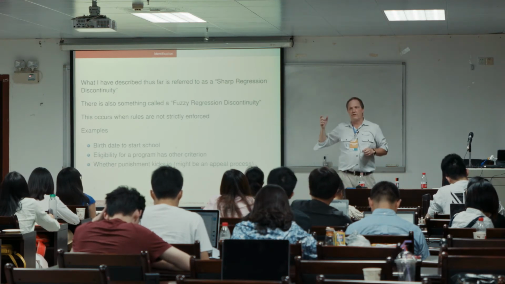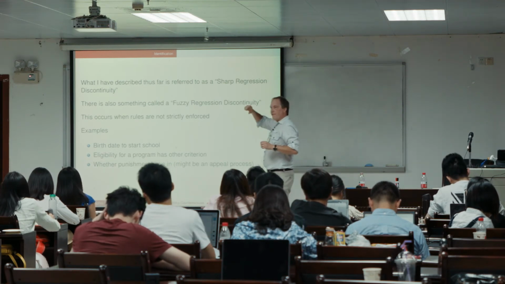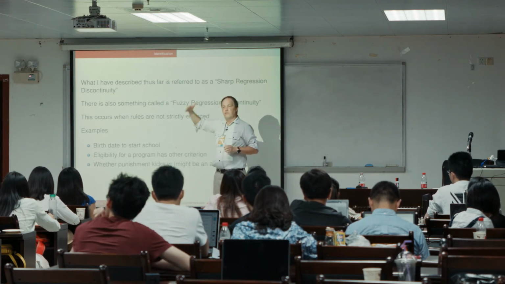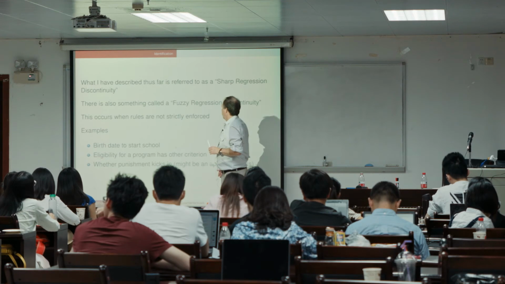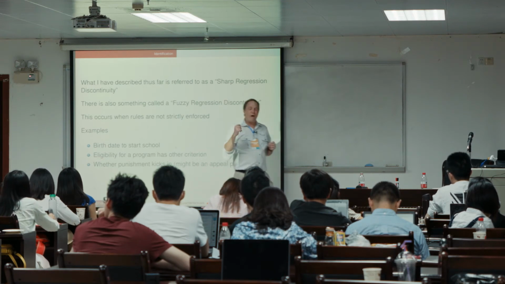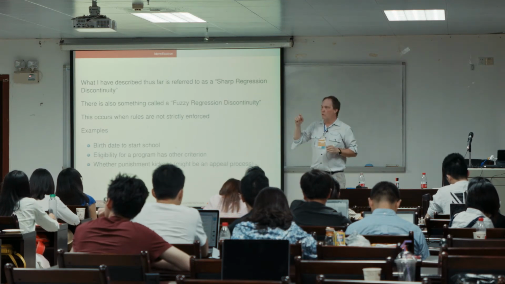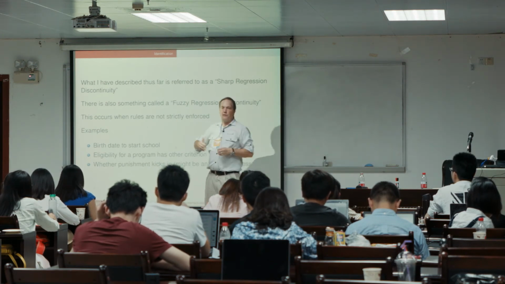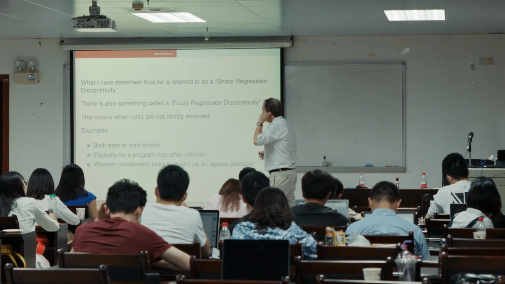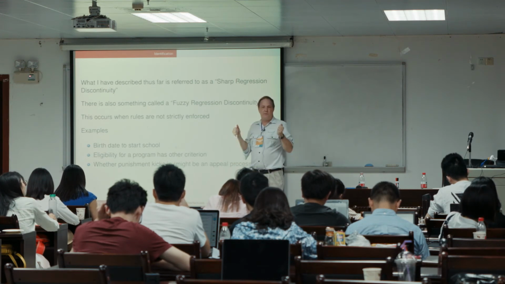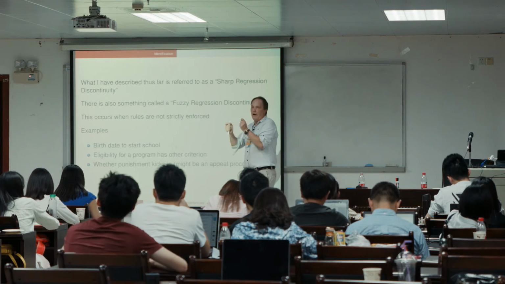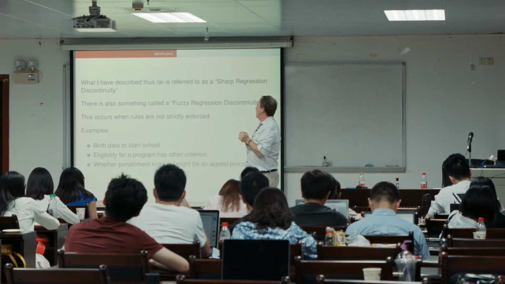So it's a sharp regression discontinuity in the sense that if x is bigger than x star, I've assumed that ti is always equal to 1. If x is less than x star, I've assumed that ti is equal to 0. It rarely works that way. So typically, there's some rule, and the rule says, if you were caught speeding above 70 miles an hour, you get a $30 fine, and at 69, you get a $20 fine.